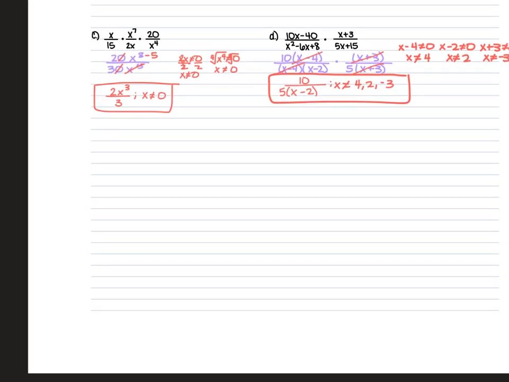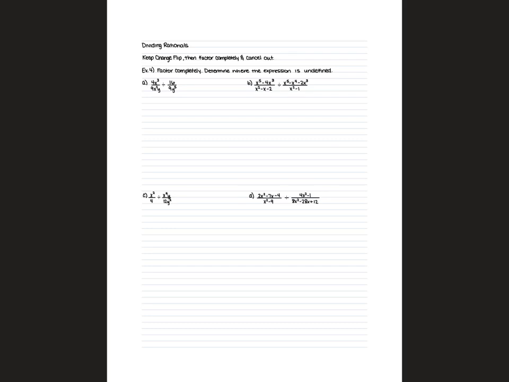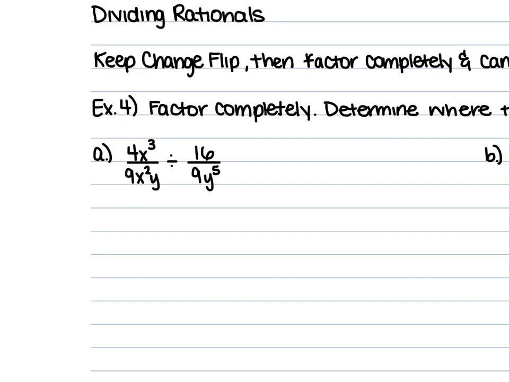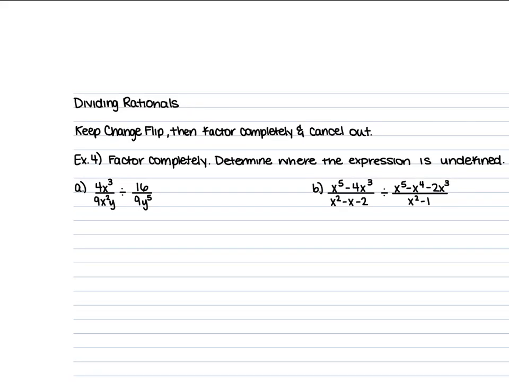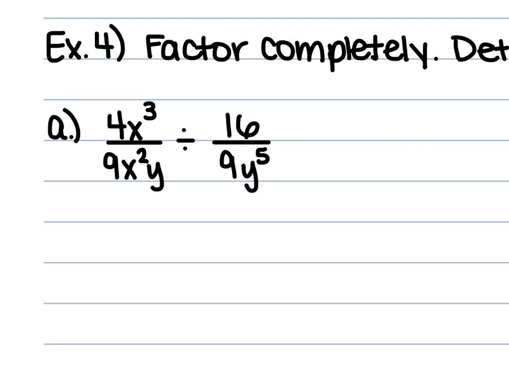If we look at our next example, we are factoring completely and determining where our expression is undefined. So we have 4x cubed over 9x squared y divided by 16 over 9y to the fifth power. So we can go ahead and keep change flip.